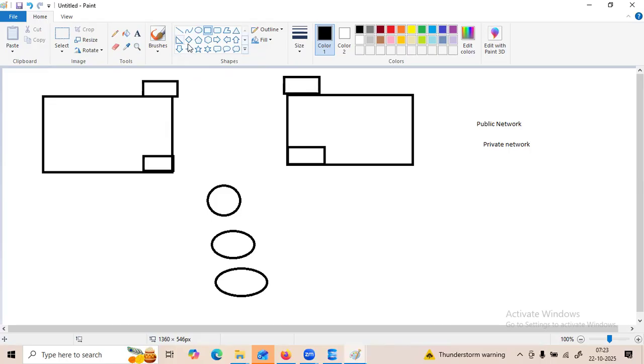What will happen here? This public network is used for the users to connect.